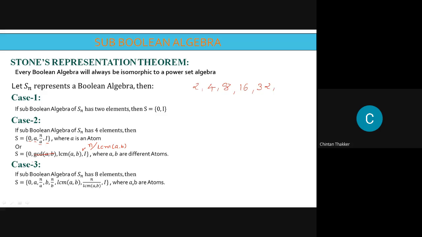And the third case is 0, a, N by a, b, N by b, LCM of ab, N upon LCM of ab, and I. Mostly we go up to the third case, meaning you have to find the sub-Boolean algebra with 8 elements, not more than 8 elements. So mostly we have up to this one.